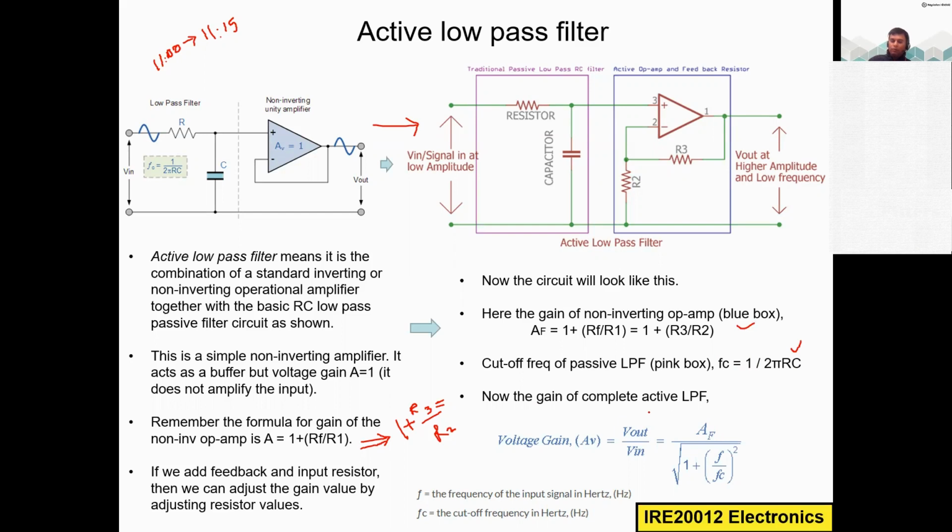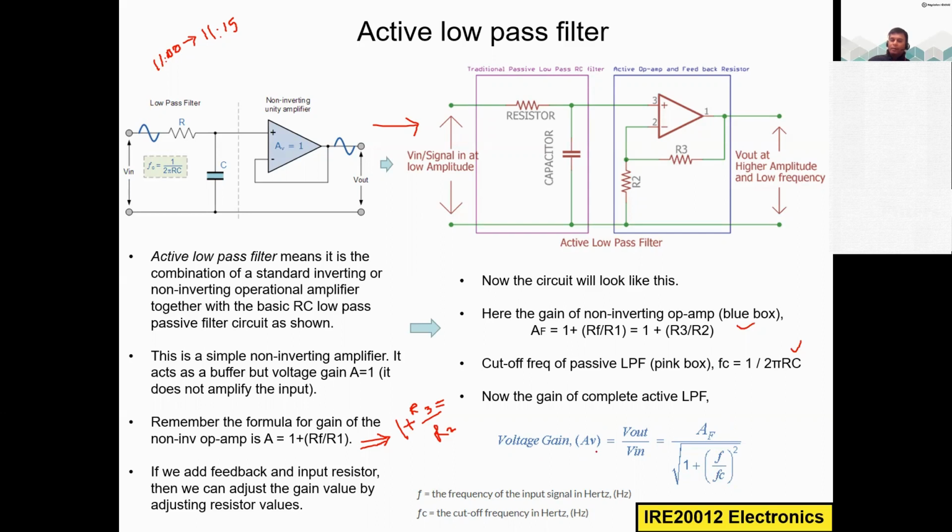Now we are talking about this as a single circuit. The gain of the complete active low pass filter, the transfer function, Vout divided by Vin, is equal to AF, where AF is the gain of the non-inverting amplifier section, divided by the square root of 1 plus (f divided by fc) whole squared.